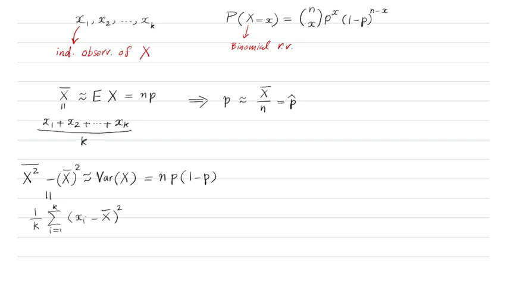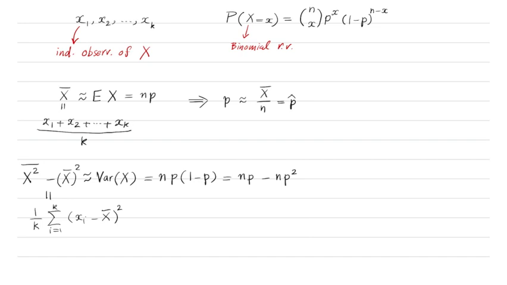Now, we also know that x bar itself is an approximation of n times p. And now using this information, we can find estimations for both n and p. Well, we can simply do this. We can subtract. So first of all, this is equal to np minus np squared.